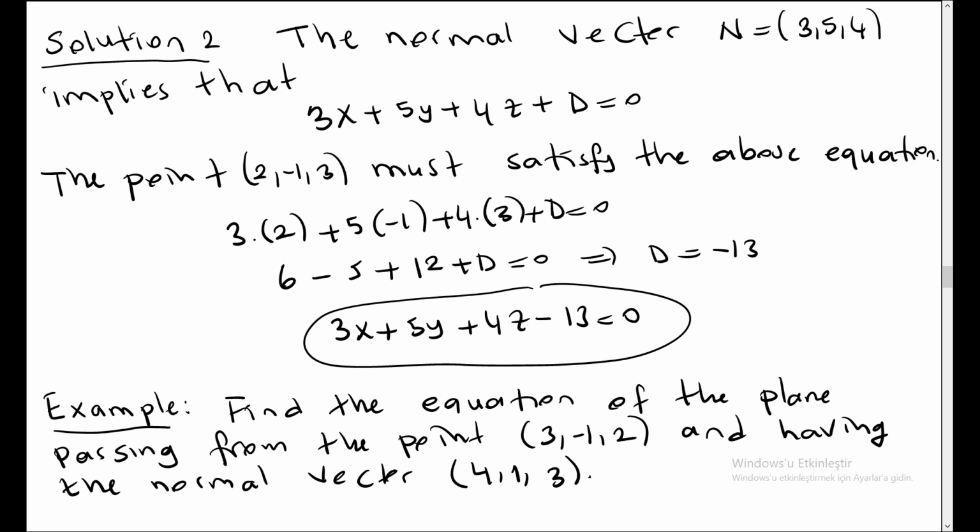So having a normal vector means the plane is perpendicular to this vector.